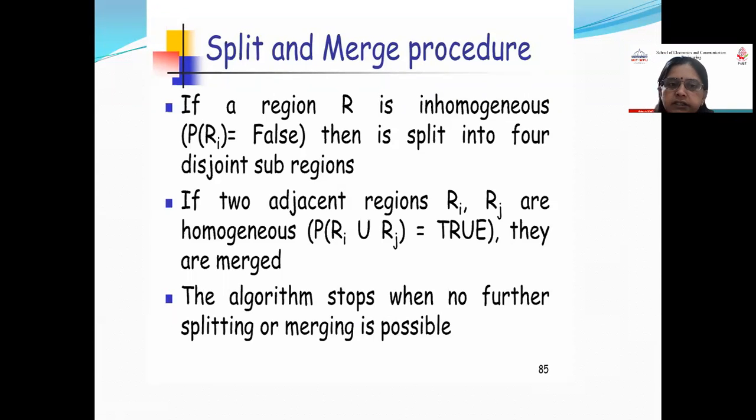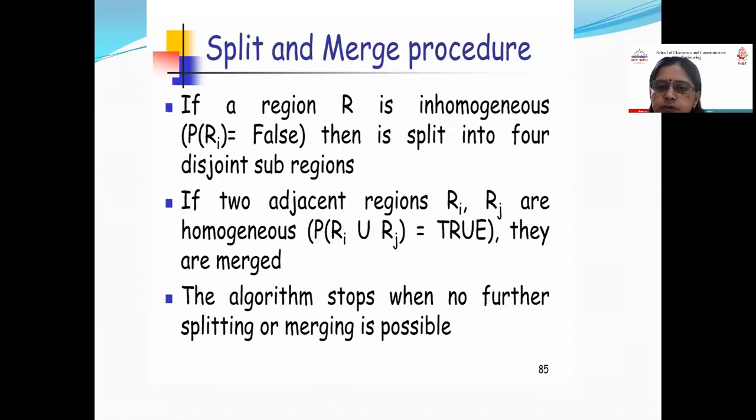So we start at some mid-level. First, we check for the inhomogeneity property. If yes, we split it into subregions. Then we check whether the regions which are adjacent to each other are homogeneous.